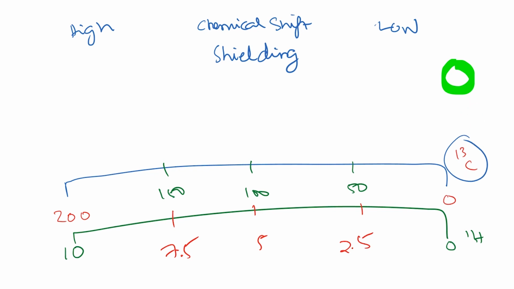Clearly this is more shielded than this, and the more shielded the nucleus is, the smaller the chemical shift. So, this would be highly shielded, whereas this is going to be low shielding, or it is called deshielded.